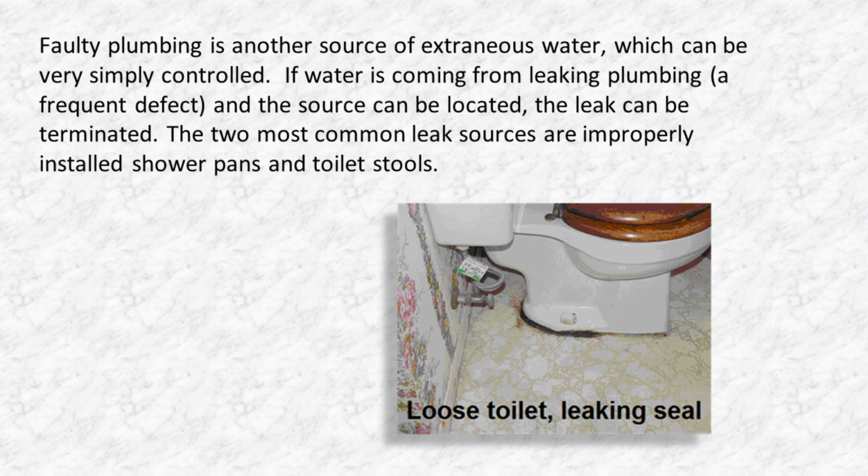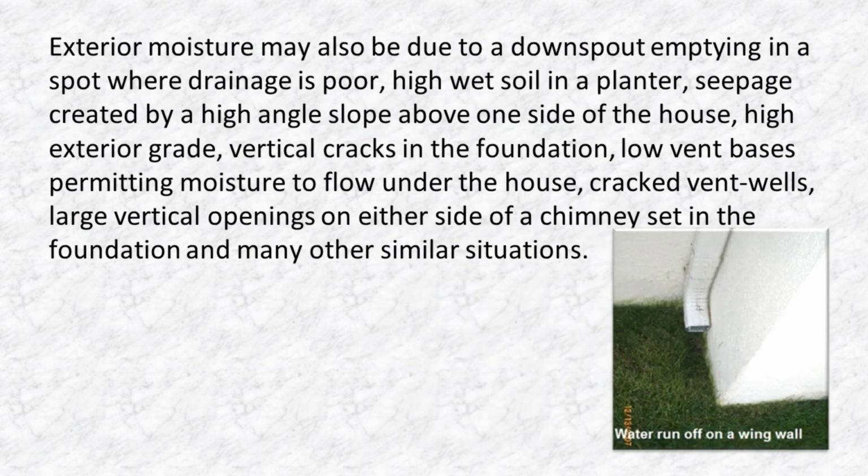If water is coming from leaking plumbing, a frequent defect, and the source can be located, the leak can be terminated. The two most common leak sources are improperly installed shower pans and toilet stools.